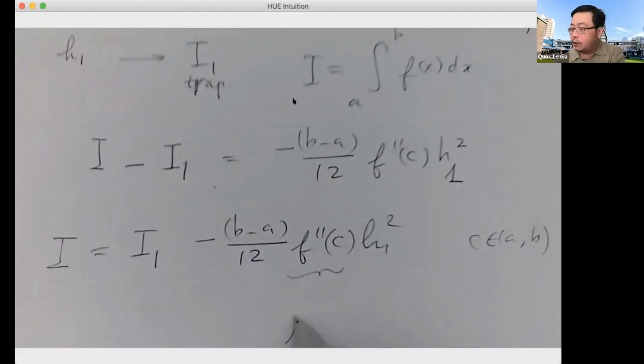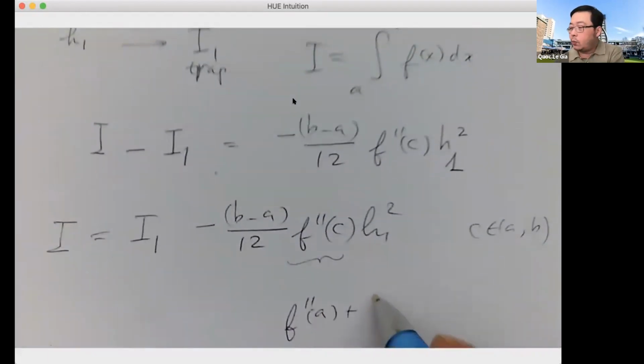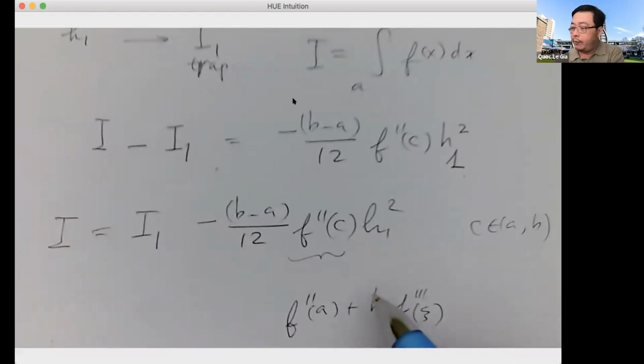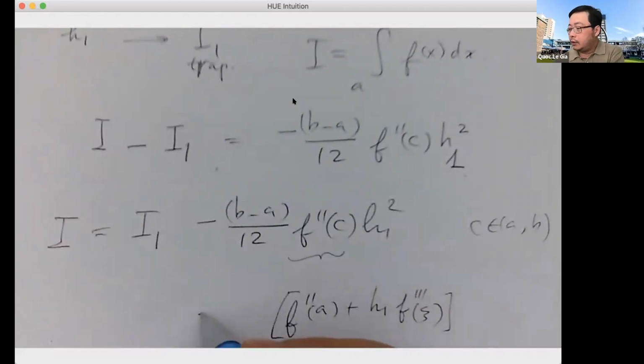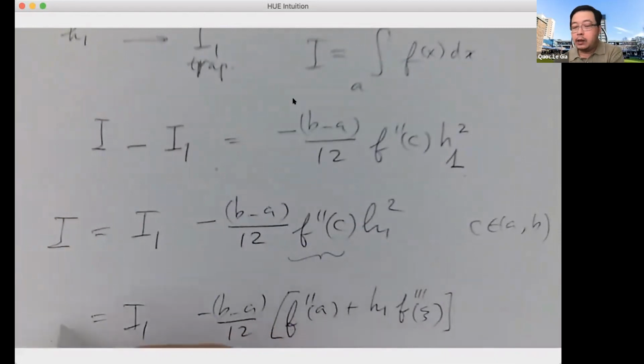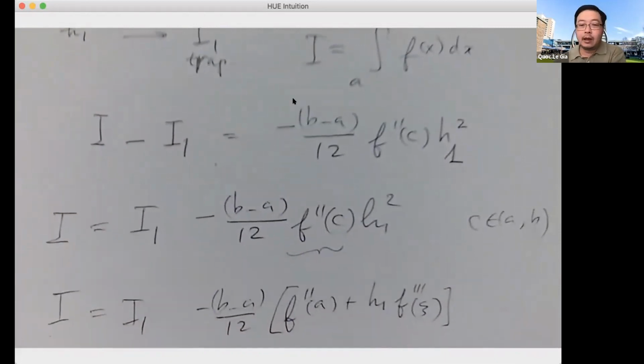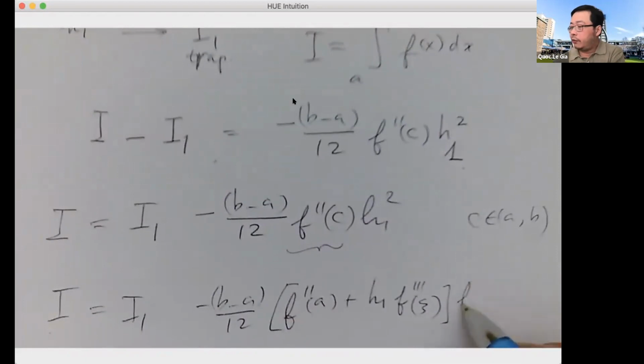I can write it as f double prime of a plus h1 times f triple prime, because you can use Taylor or the mean value theorem for f double prime. So you write it like this, still with (b minus a) over 12, still I1 and I here, and do not forget the h1 square still stays outside.